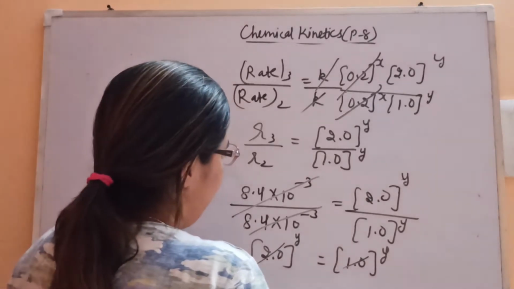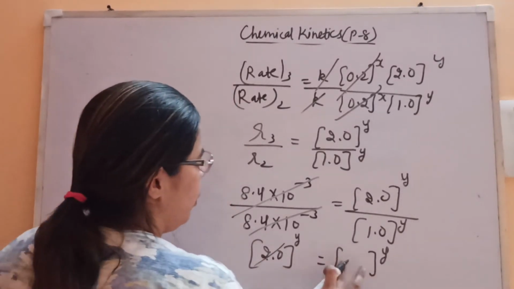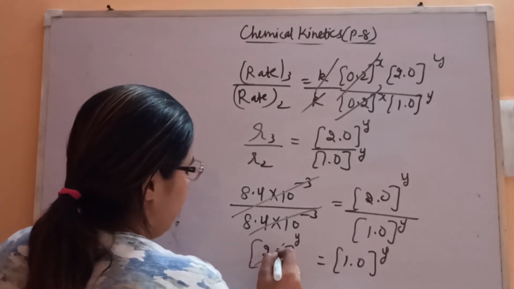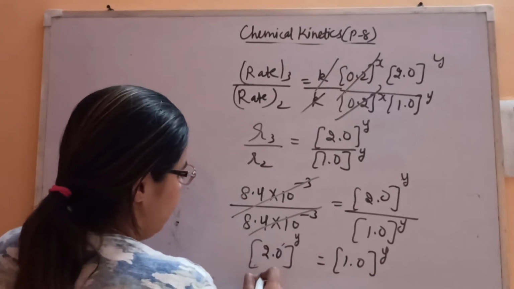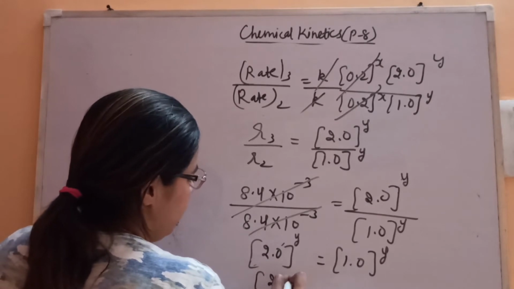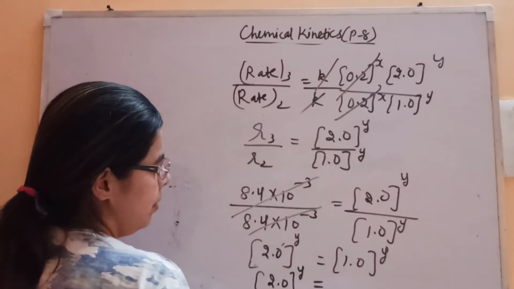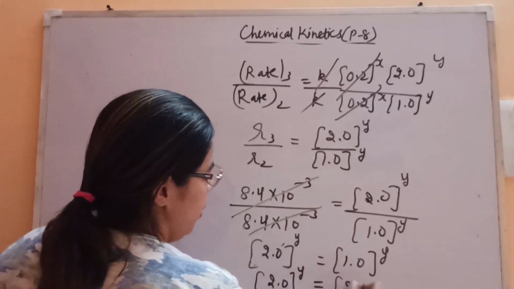What will be left then? Only 2. So that is 2 to the power Y is equal to what? 2 to the power 0.